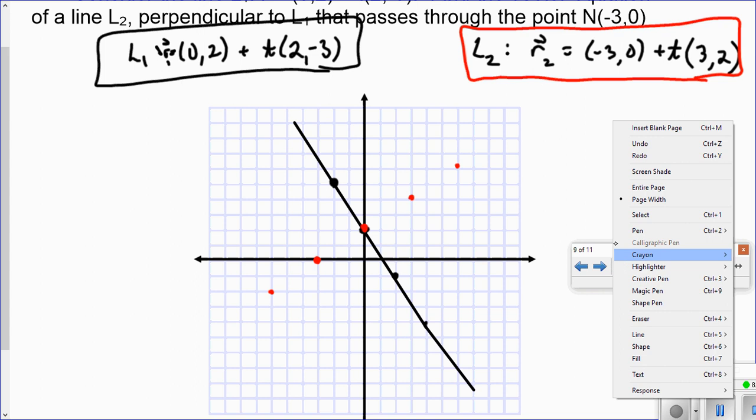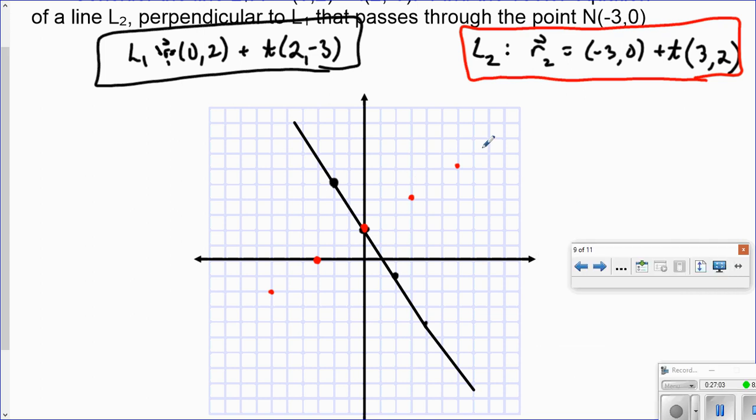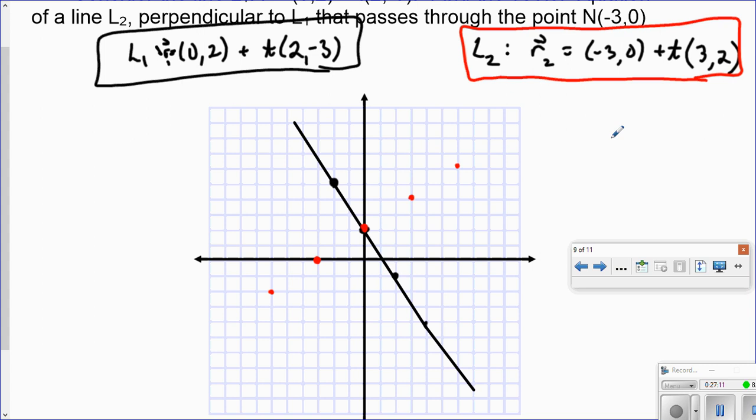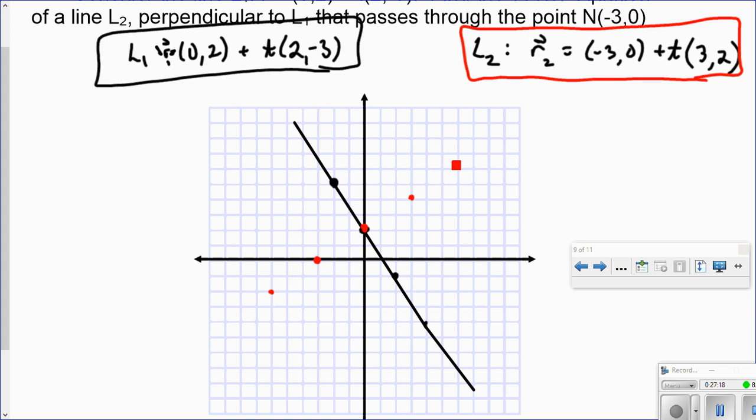Let me see if I can graph this straight line in red. Whoa, that's thick. I don't want it that thick. Let's undo that.